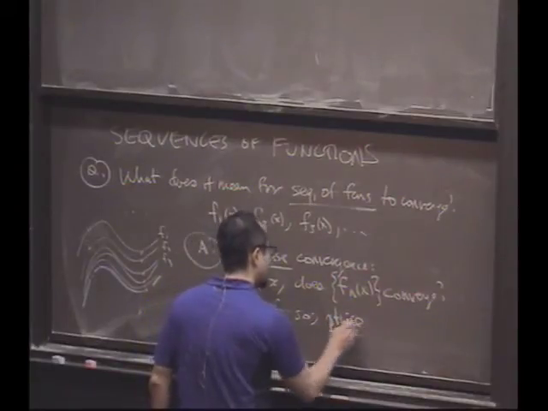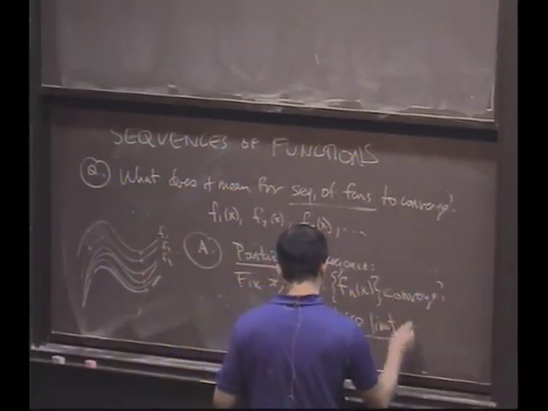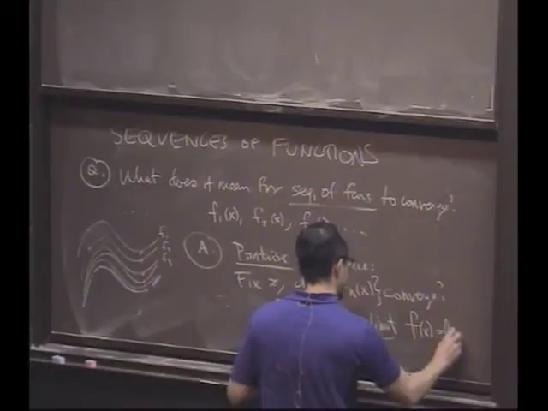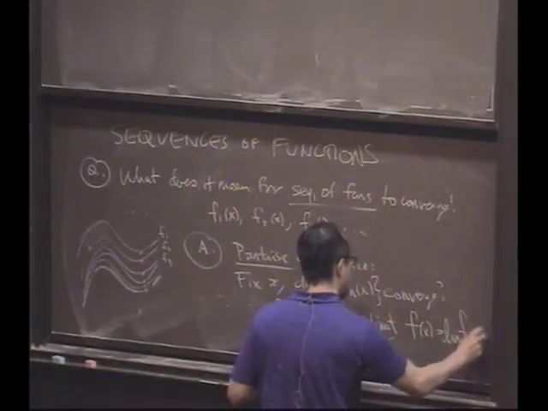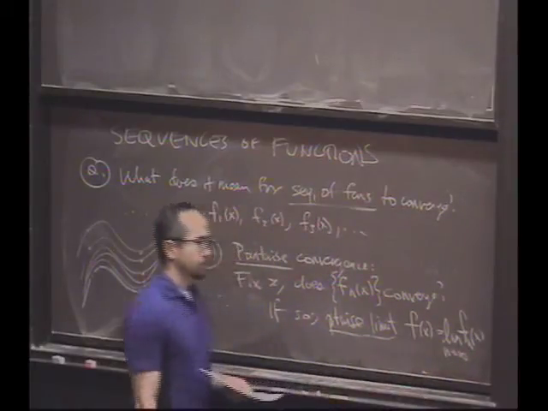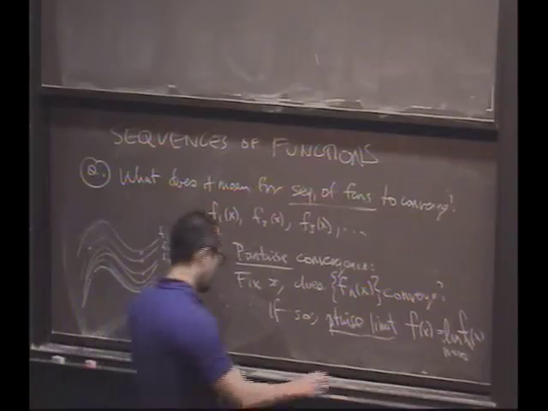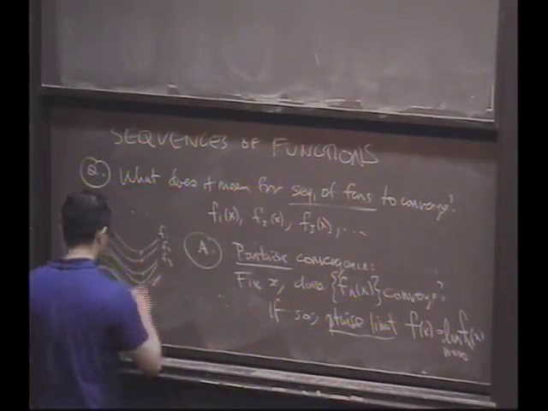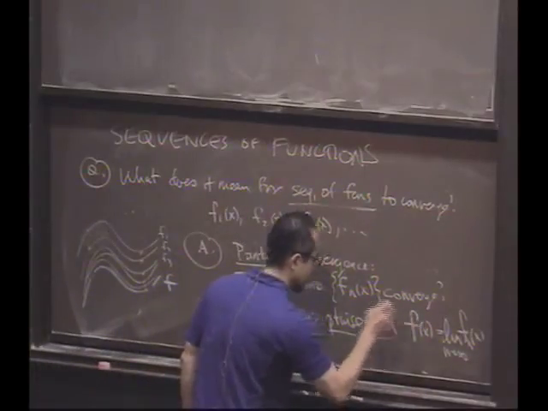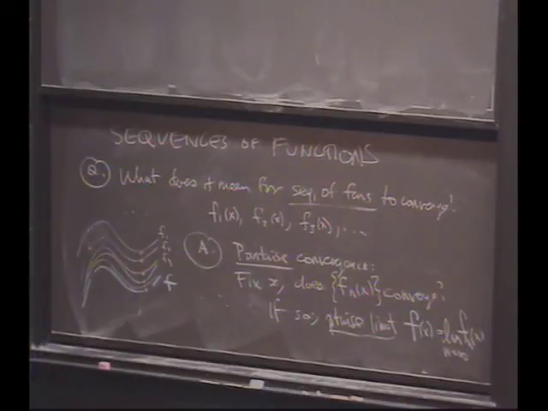We say it has a pointwise limit, which is just what you think it is, namely f of x is the limit of fn at x as n goes to infinity. That is a sequence of numbers, after all, right? So I'm calling this limiting function f, if this limit exists for every x. Okay?